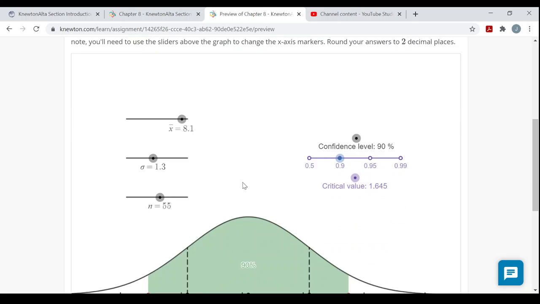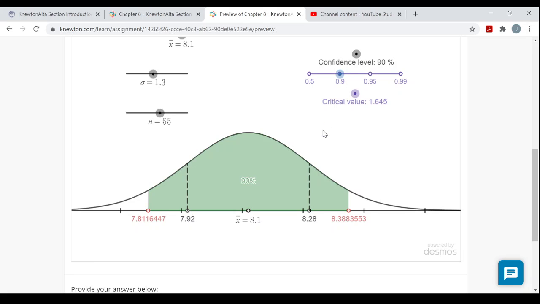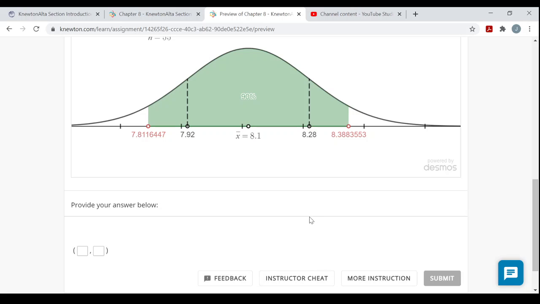So we're 90% confident that the average time it takes to make the entire population's worth of electronic components is between 7.81 hours and 8.39 hours.